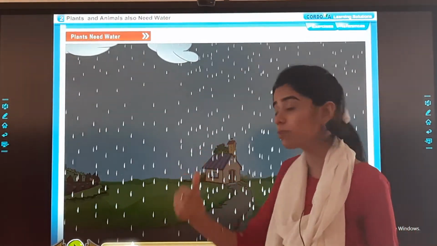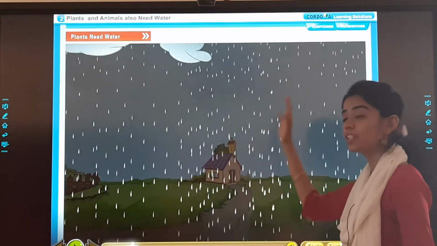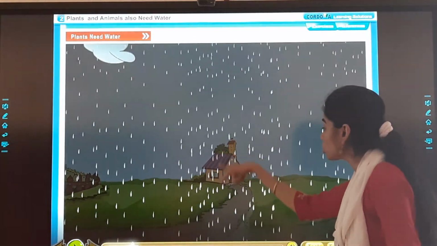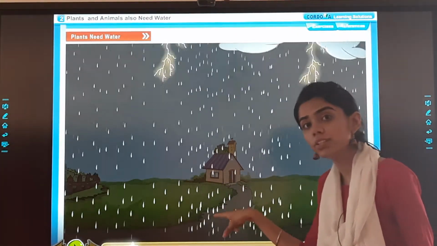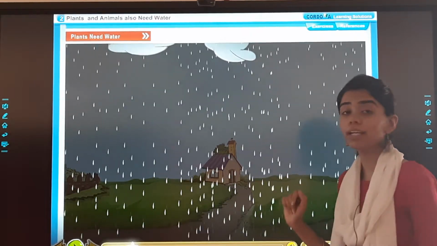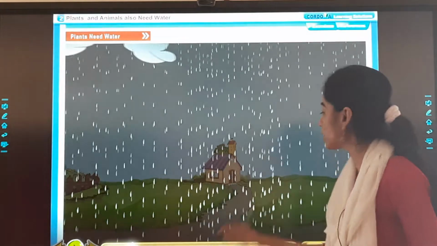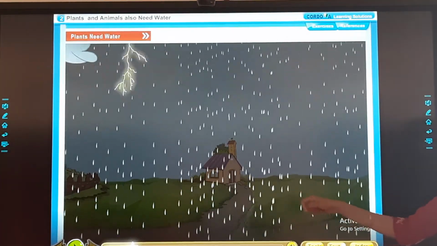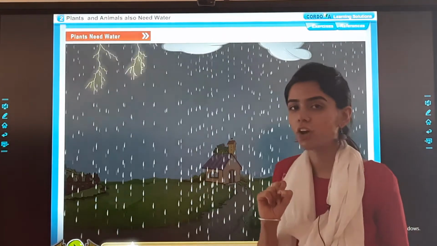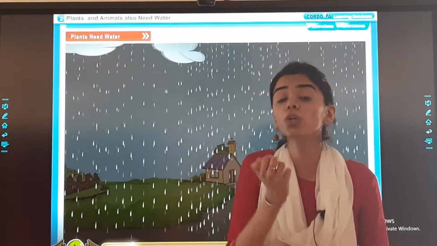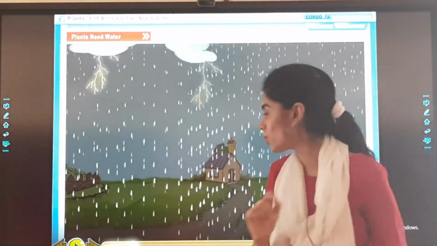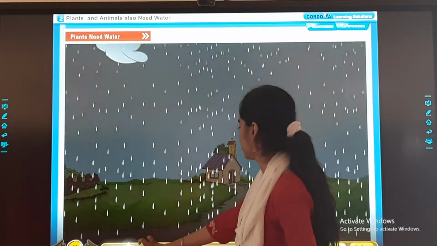Now this rain water, as you can see, it's raining and it goes into the soil. आपको land दिख रहा है ना? And यहाँ पे क्या होता है? Soil है. So this rain water goes deep into the soil, and through this soil, what happens? The roots of the plants, the roots, they get water.